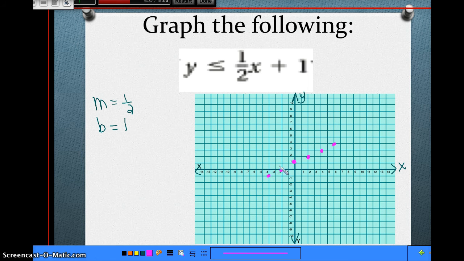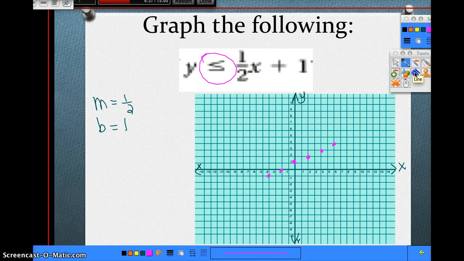Now, when I connect my line, notice that there's an equal sign under here. So that means when I connect it, I'm going to have a solid line. So it's got to be solid. Try to go all the way through your graph. Don't forget to label it. y is less than or equal to 1/2 x plus 1.